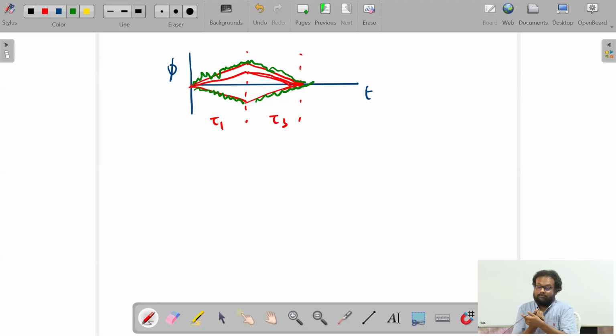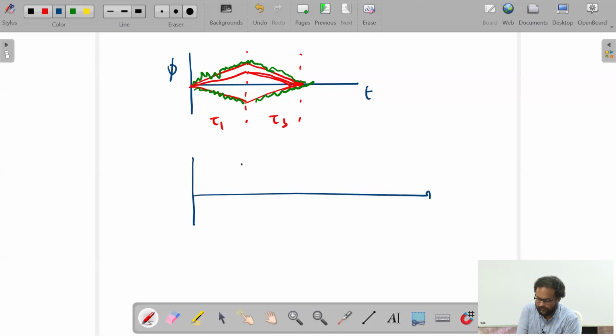Now in this case, your tau2 is 0, remember, because there are only 2 pulses. I could now make a 3-pulse experiment. I'll have tau1, tau2, and tau3. Let's say my phi evolution evolves in tau1, because it's looking at coherence.